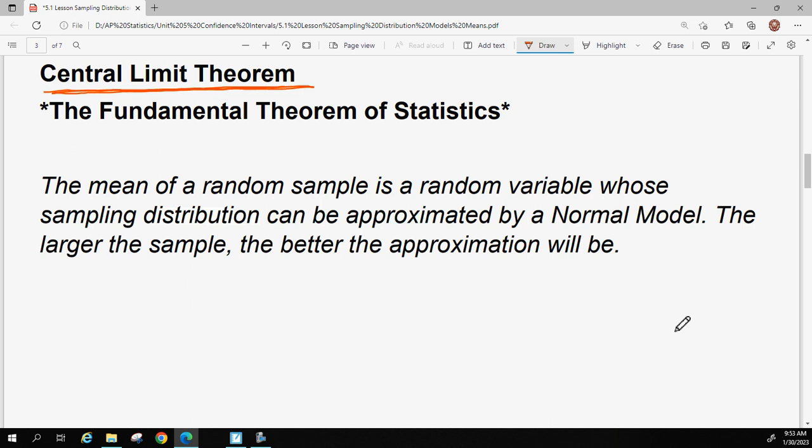And so if we take a random sample of anything, let's say we want to find a random sample of students in this building, and then we find an average about some characteristic we're interested in, let's say an average height. So we find the average height of a random sample of students in this building, and we document that. And then we find another random sample of students in this building and find their average height.